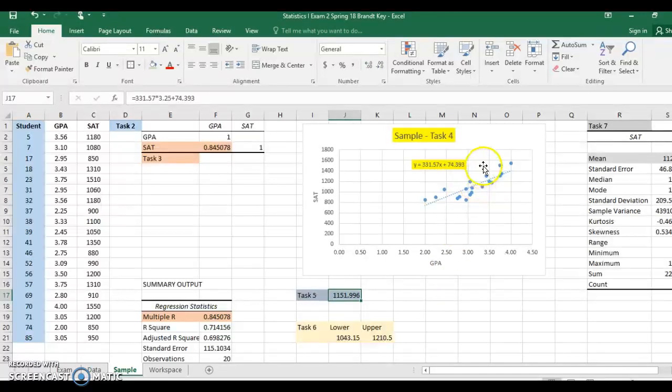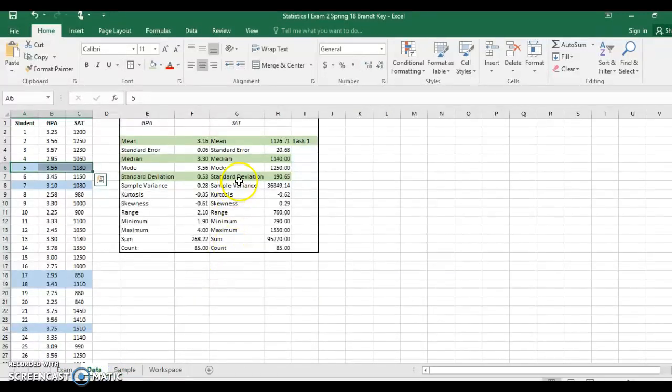Here we were using our 20 randomly selected values to come up with a scatter plot and a line of best fit to make a prediction. So that prediction then was using the formula. So task 5, my prediction was 1151.99 as my prediction.